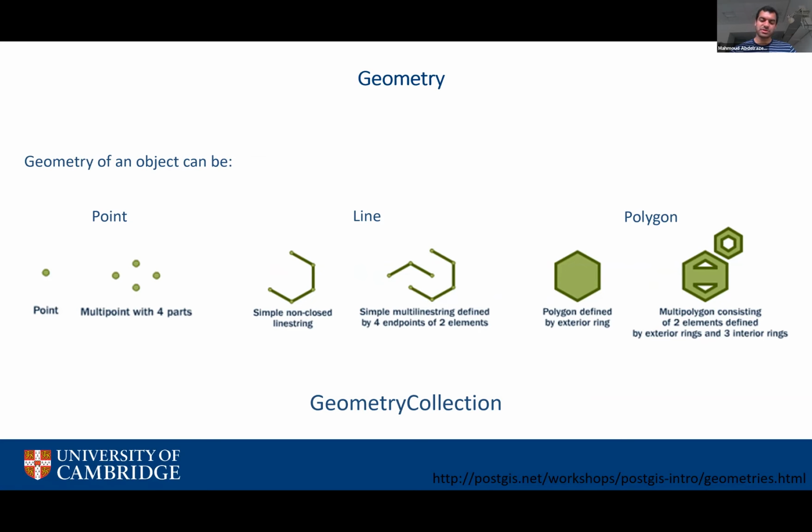So you might want to describe a site, and then within the site, there is a central point, there is an outer boundary, and there are tracks. And in order to fully describe each of these, you will have to use a different layer for each of them. So there will be a point layer for the center, a line layer for the tracks, a polygon layer for the outer boundary.